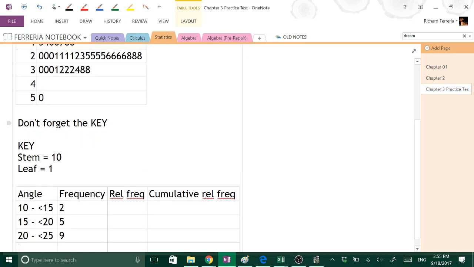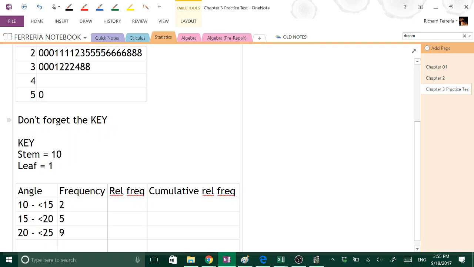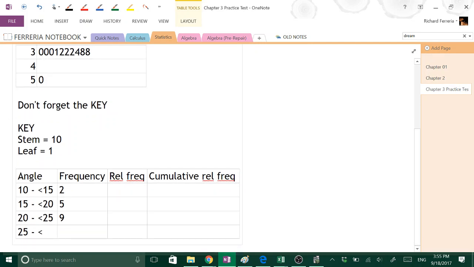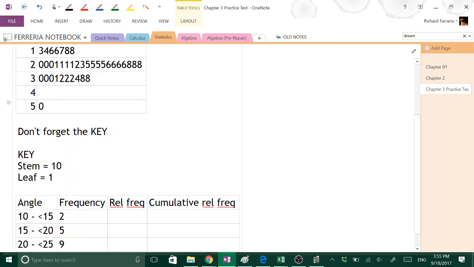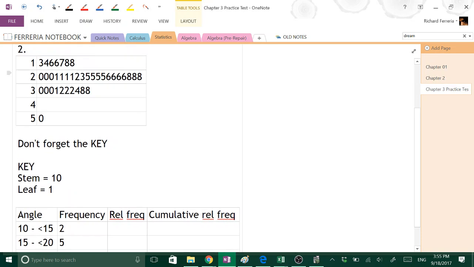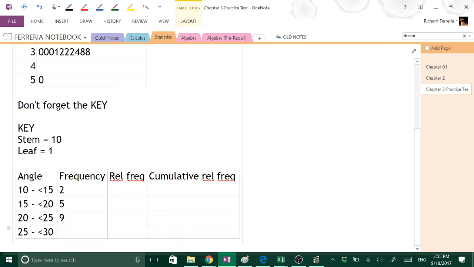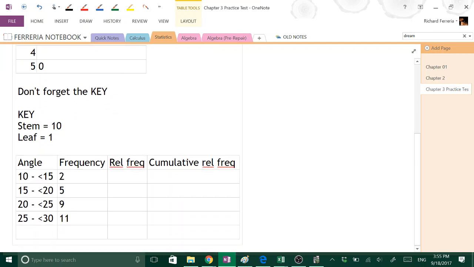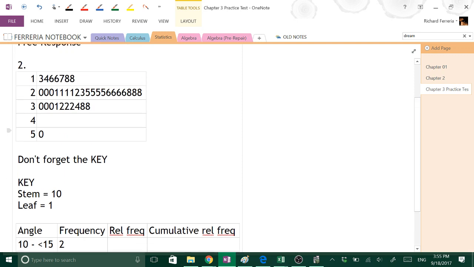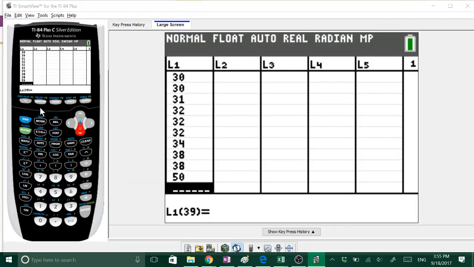We're just counting. The next one is from 25 to less than 30. It looks like 11. And then from 30 to less than 35. That's 8.